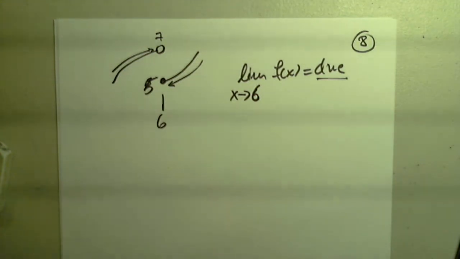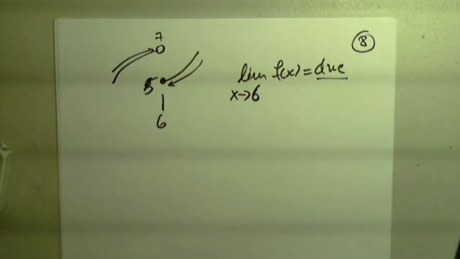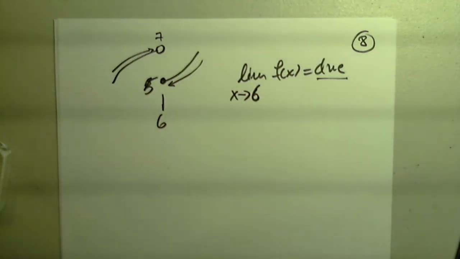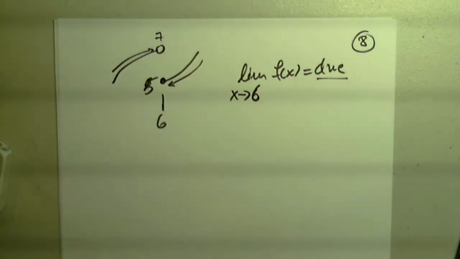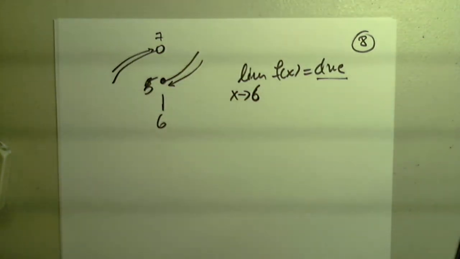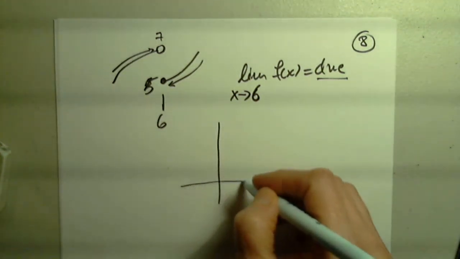Professor, how would an equation look if it's not approaching? So would it still be an arrow, or would it be like x equals 6? How do you know when it's not approaching and it's going to be an actual number? I'm not sure I understand your question. So you're looking at the graph.